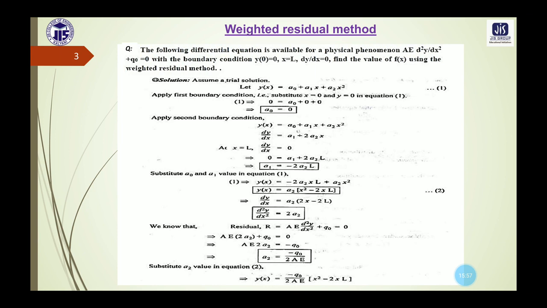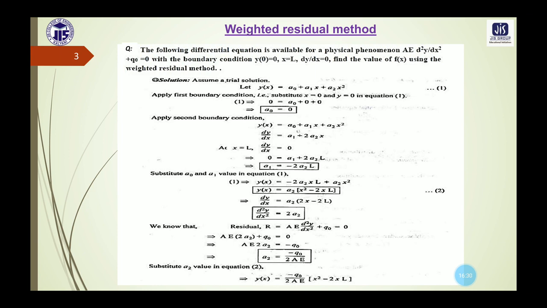Now if we put these values of a0 and a1 in equation number 1, then we get y(x) equals a0 is 0, a1 is minus 2a2L. Now it was a1x, so it will be minus 2a2xL plus a2x square. So y(x) equals a2 within bracket x square minus 2xL. So this is our equation number 2.